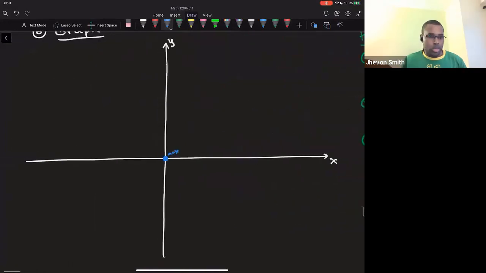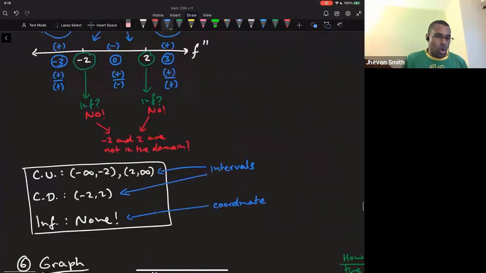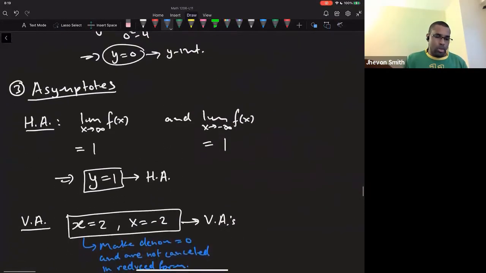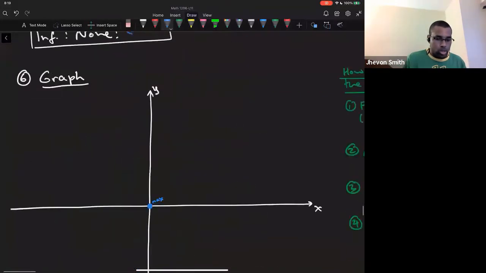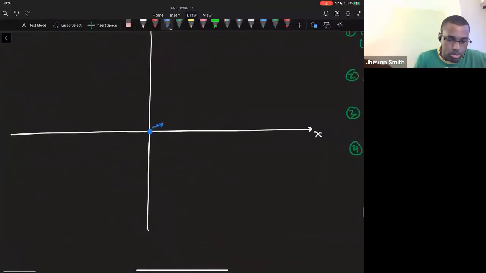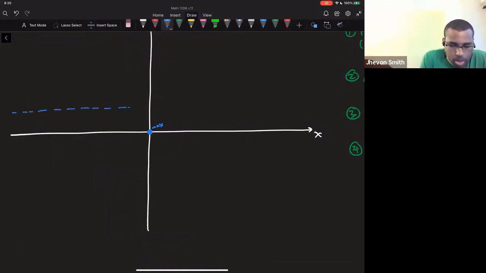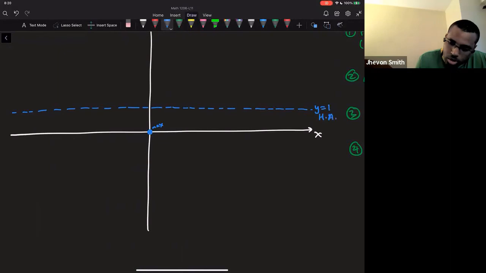Next, asymptotes. What were the asymptotes? So you go back here. Oh, the horizontal asymptote was y equals 1, and the vertical asymptotes were x equals -2 and x equals 2. So I'm going to put those in. Those are broken lines. This is y equals 1, the horizontal asymptote.